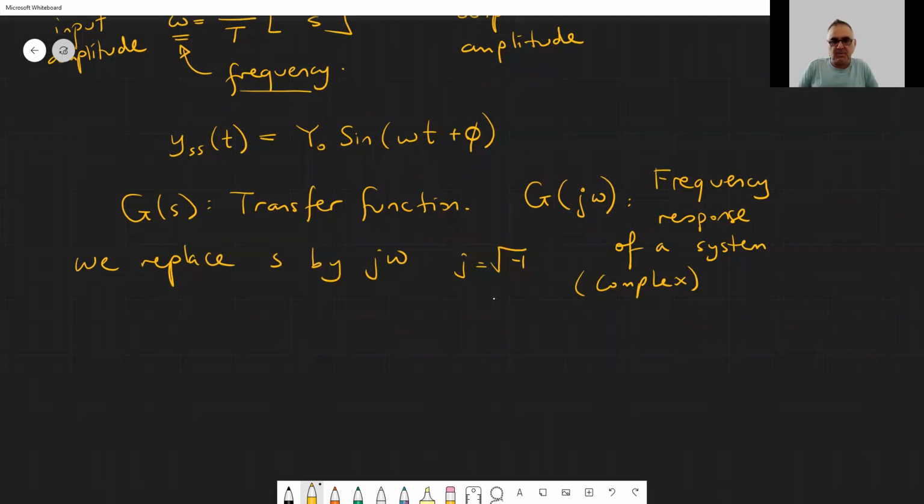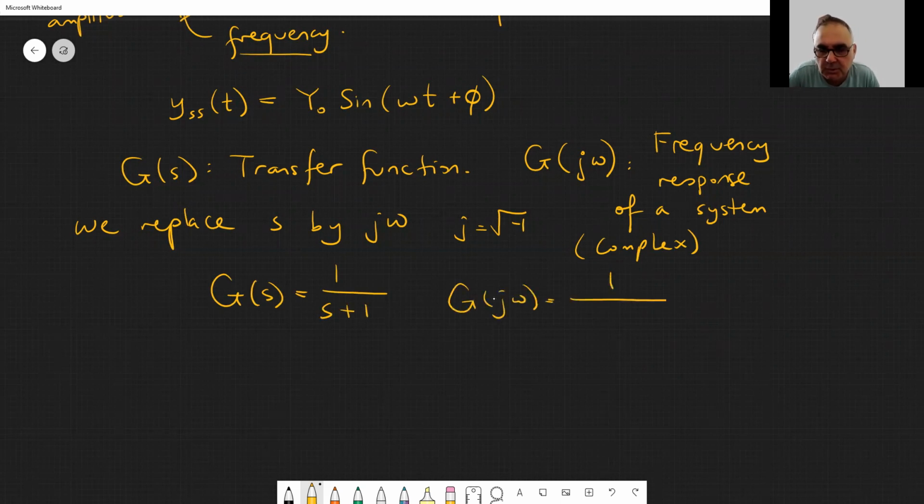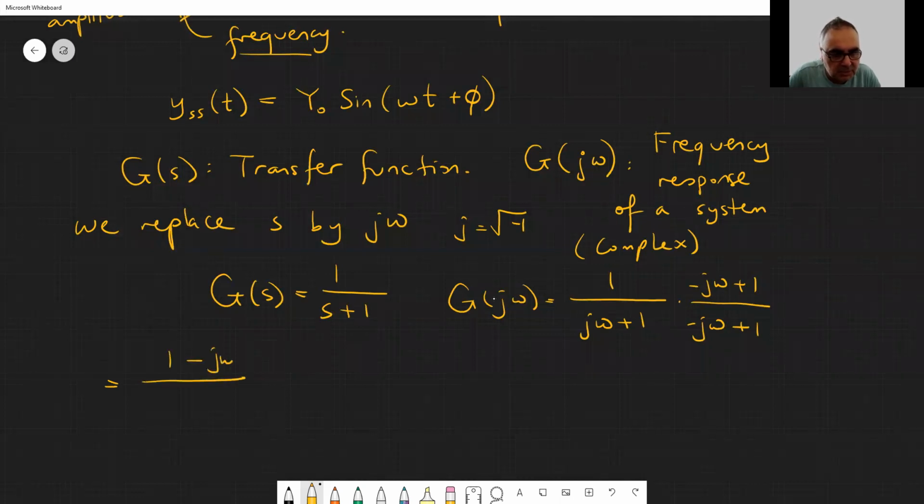For example, let's use G(s) equals 1 over s plus 1. G(j omega) will be 1 over j omega plus 1. If you want, you can play with this a little bit, like multiply it by minus j omega plus 1 in the numerator and denominator, and what are you going to get? 1 minus j omega divided by omega squared plus 1, I suppose.